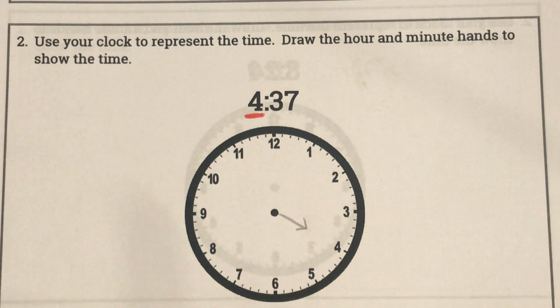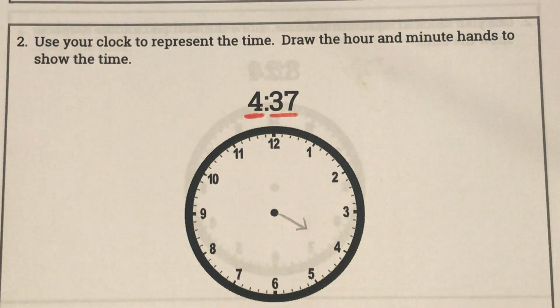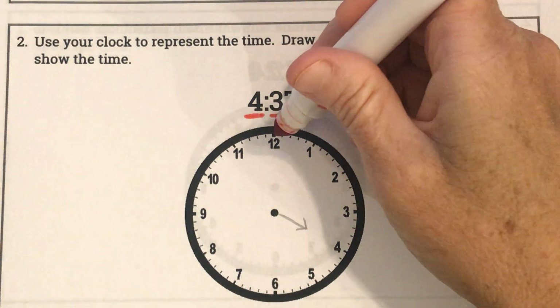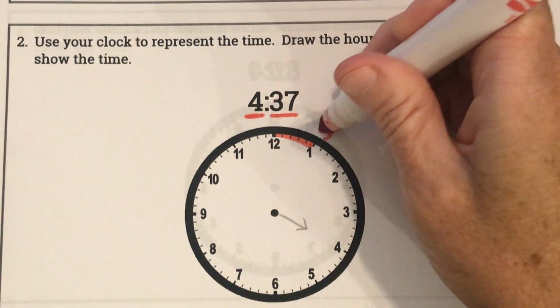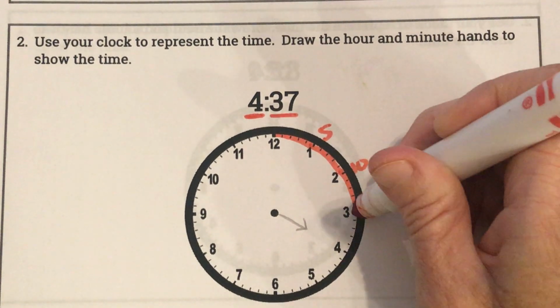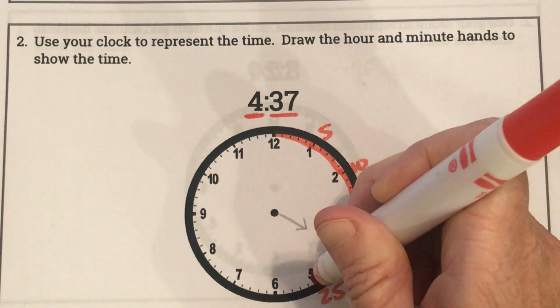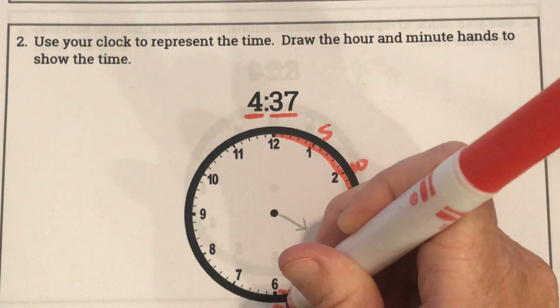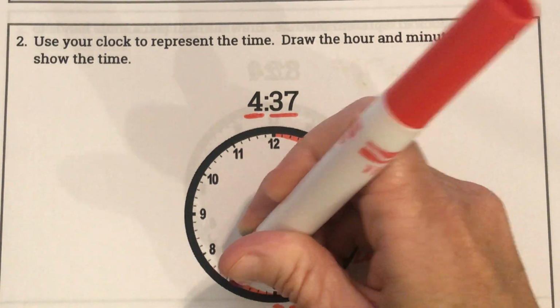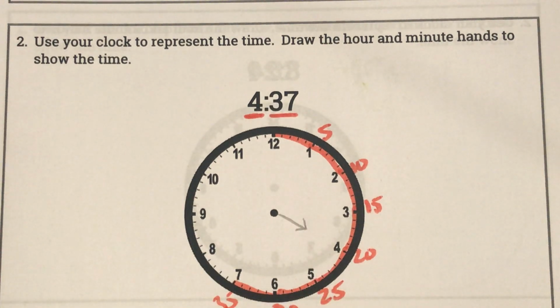Okay, so I start with the hour hand. Now my long hand is going to show me my minutes, which is 37 minutes. Okay, so just like before, I'm going to start here, and that gives me 5 minutes, 10, 15, 20, 25, 30, 35, and I don't want to count another 5 because I'll get 40.